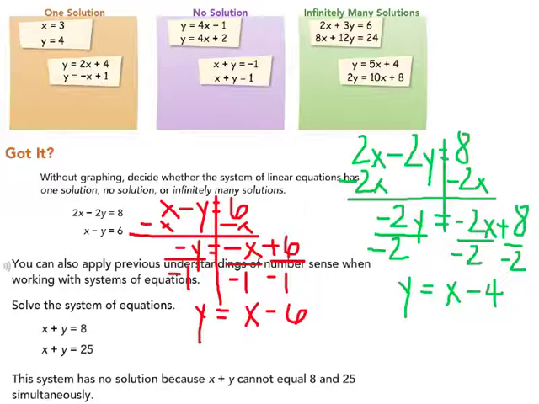So this will help me determine how many solutions there are. This has the same slope, different y-intercepts, so that means it's parallel, and therefore there are no solutions.